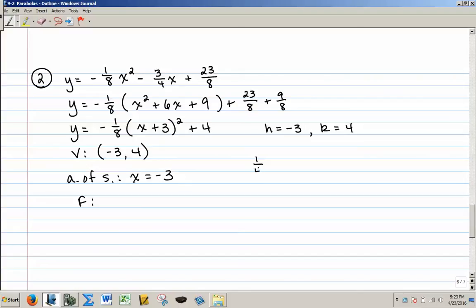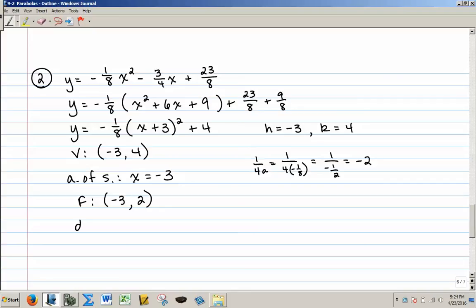That's 1 over 4 times -1/8, because that's my a, or 1 over a, which is -2. So my focus is going to be (-3, 4 plus -2), giving me (-3, 2) for my focus.